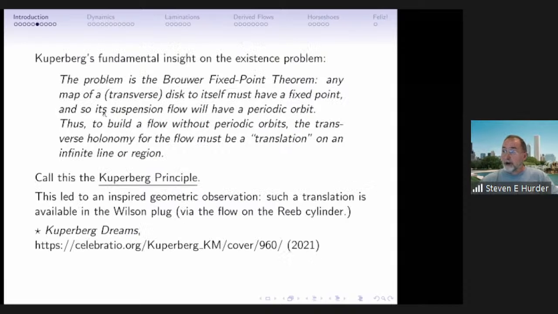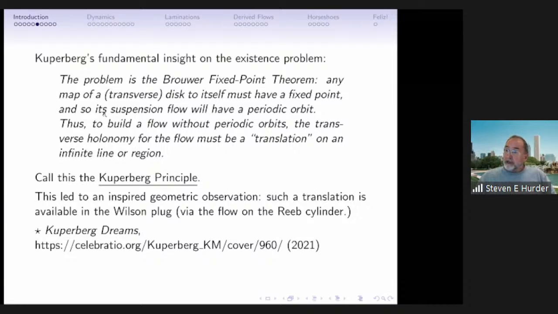Well, this is the part that I recently learned because Anna Reckman and I wrote this article for this website, Celebratio, on Kuperberg's work. I called it Kuperberg Dreams because it also talks about ideas and what could possibly happen.